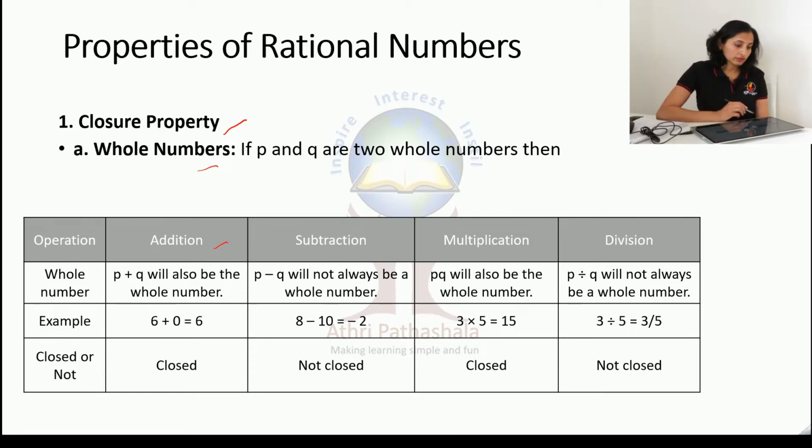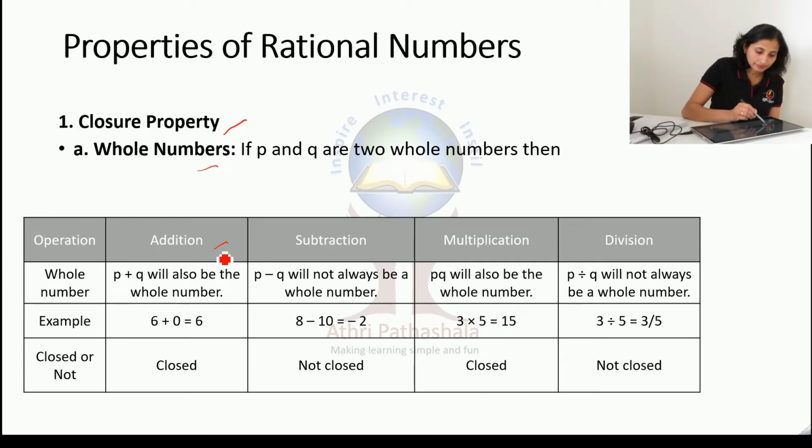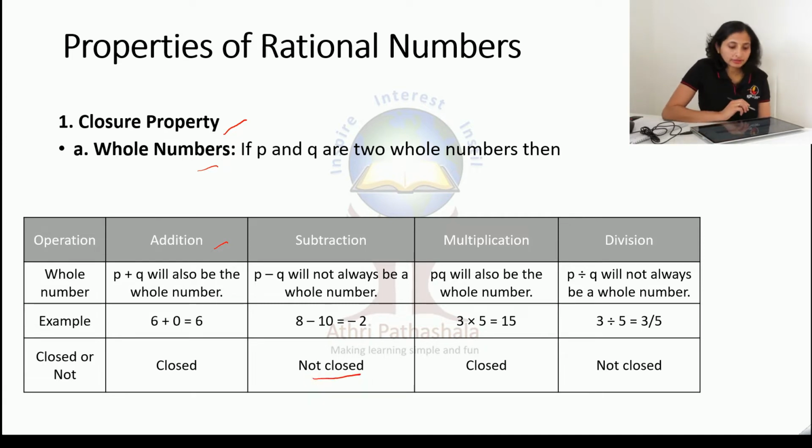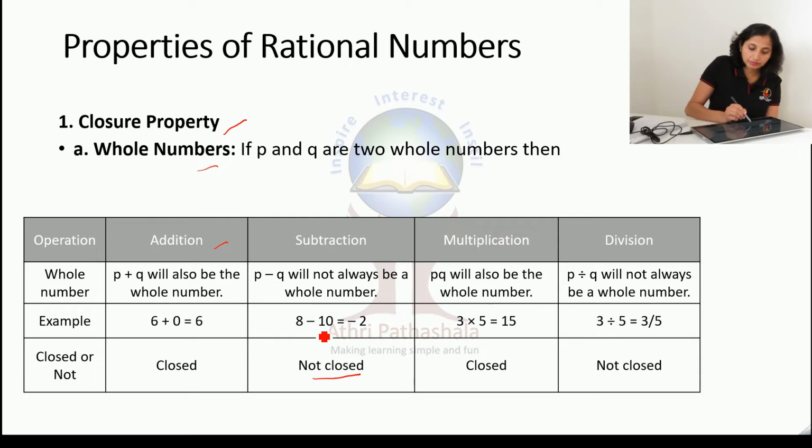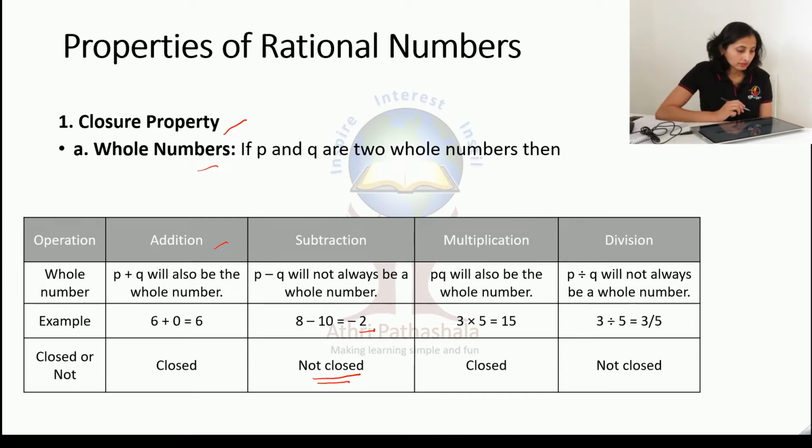So the whole numbers are closed under addition, and not closed under subtraction, because, for example, 8 and 10 are whole numbers, 8 minus 10 is minus 2, but minus 2 is not a whole number, so it is not closed under subtraction.